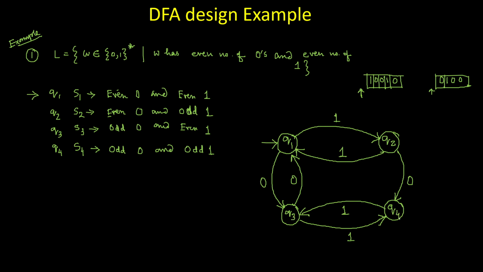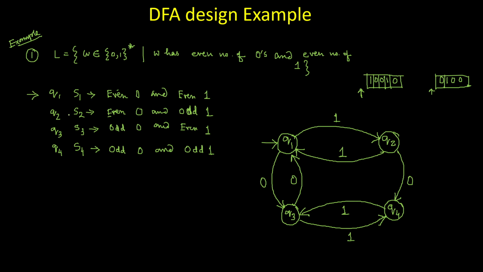Why am I saying this? You see that the initial state is even 0 and even 1. On getting a 1, your state about the 1 will change from even to odd. That means on getting 1, you will go to even 0 and odd 1.